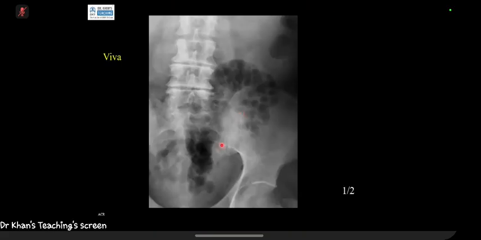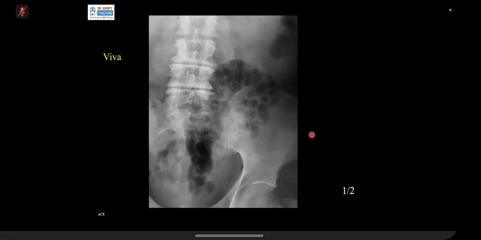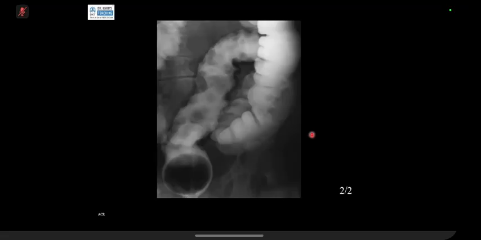Now, this is a potential plain film which can be asked. You have to know that it will give you a bunch of grapes type of appearance. These are gas bubbles within the wall, and on a barium examination, if you look carefully at these ones, for example, end-on, you can see side-on that gas is sort of bubbling out of the wall.